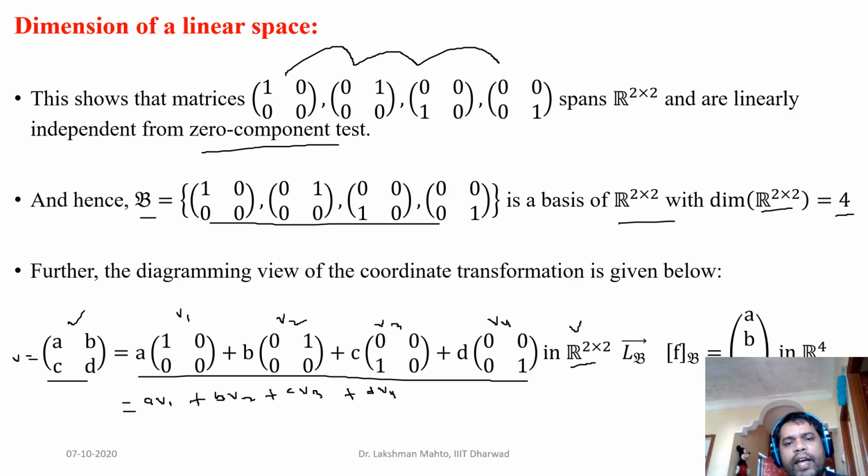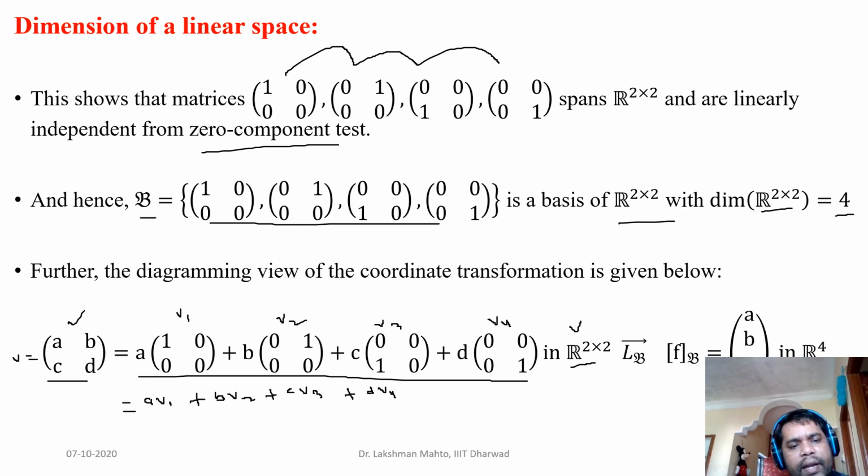Any element of a vector space you can denote by F or V, whatever representation you would like to take. I am taking V because V means vector. Remember that I mentioned matrices we always denote in linear algebra by capital letters.